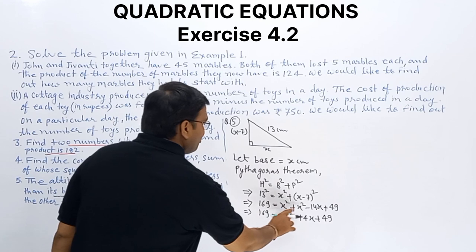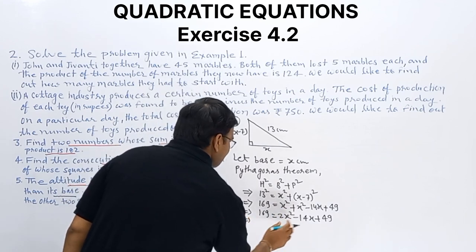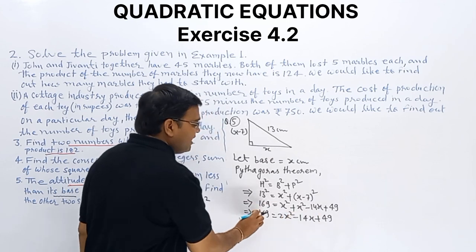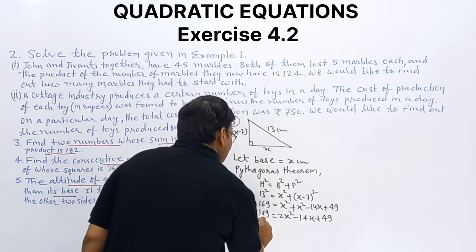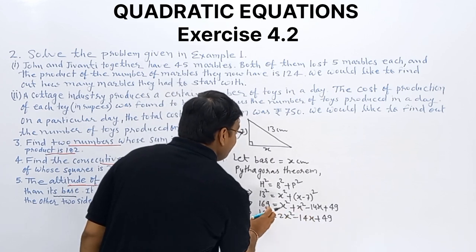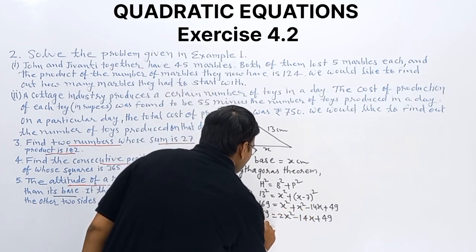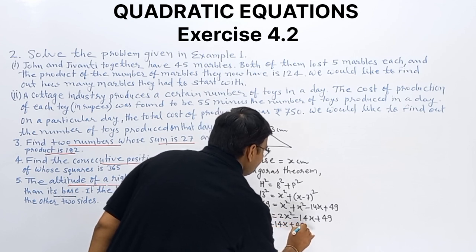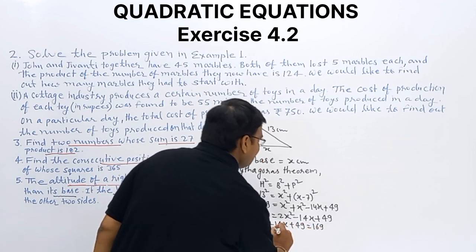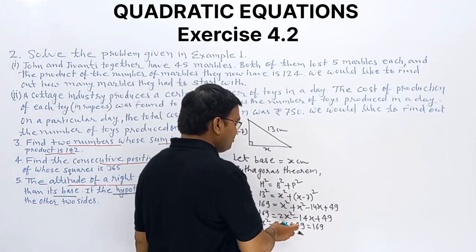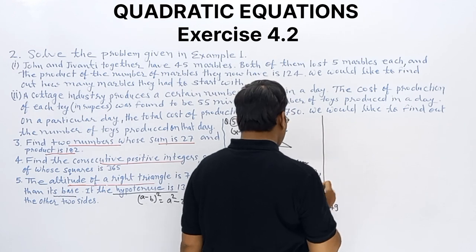Clear? First transpose the complete right side to the left and left to the right. 2x square minus 14x plus 49 will be equal to 169. We can write it like this, no problem. Then transpose this right term to the left side.